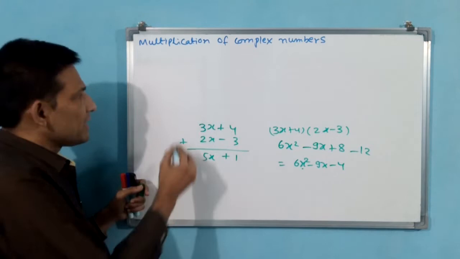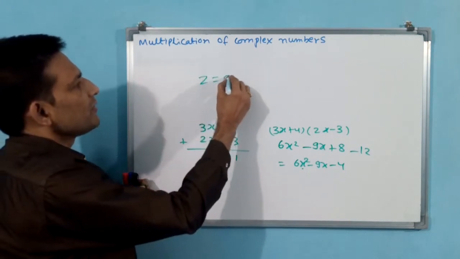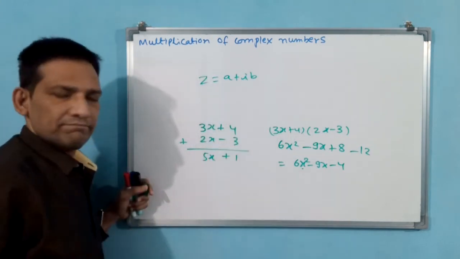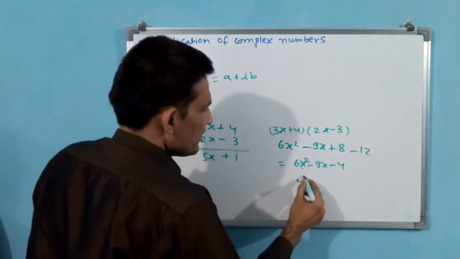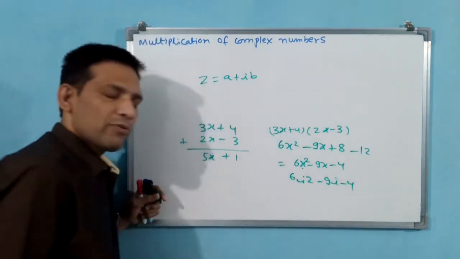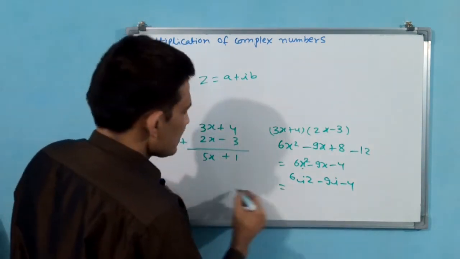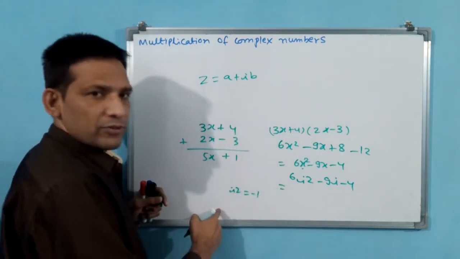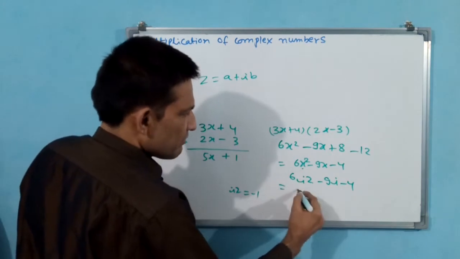You see here, x is there. But in a complex number, z is equal to a plus ib will come. If the same value is there, like 6i square minus 9i minus 4, what are we going to write here? Because i square is equal to minus 1, we know, then minus 1 into 6 is minus 6.